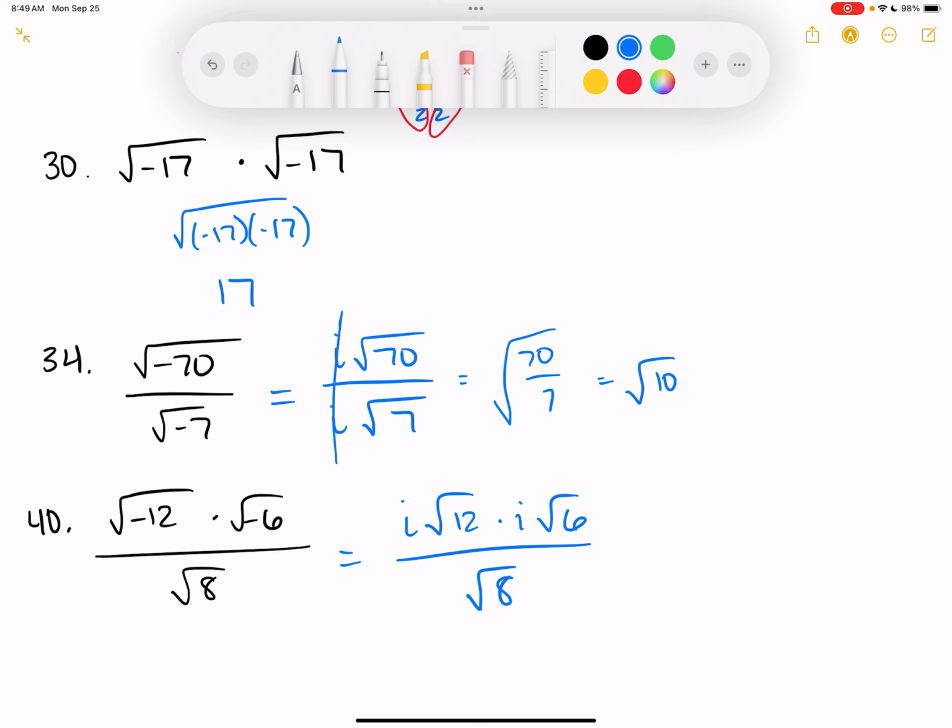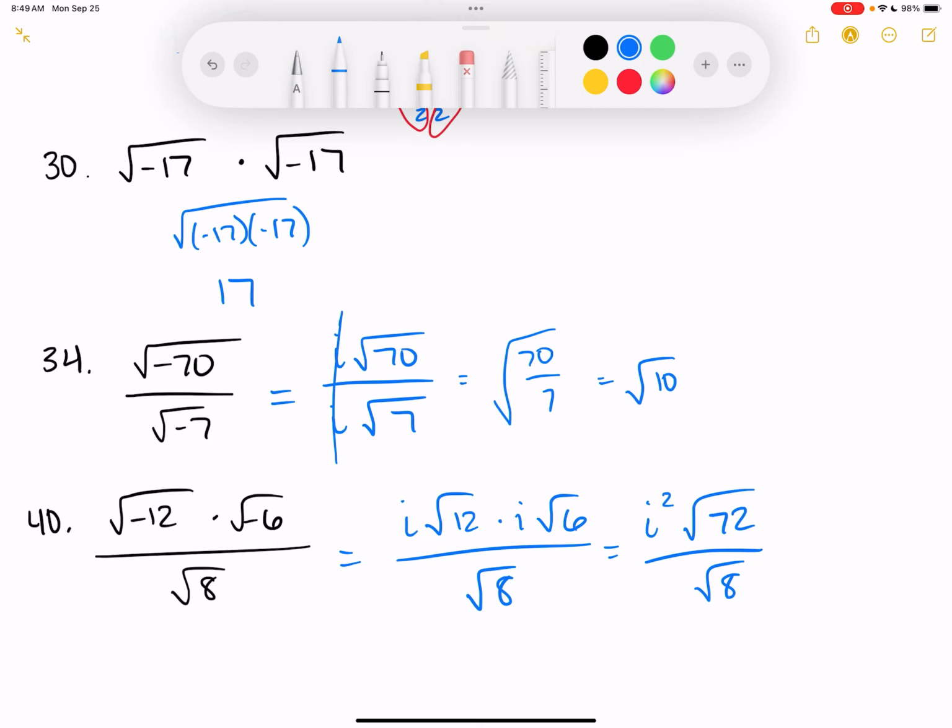Then I can combine what's in the square roots on top. So I'm going to have i squared, and then the square root of, let's see, 12 times 6 is 72, over the square root of 8. Anybody know what i squared is? Oh, isn't that negative 1? Yep.